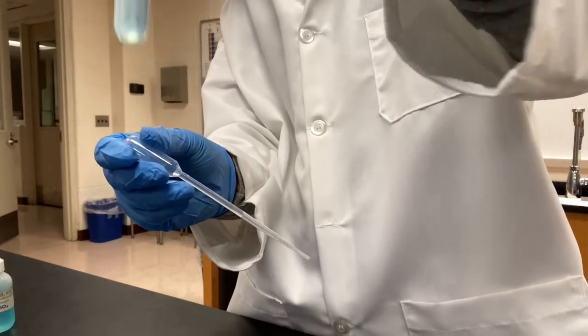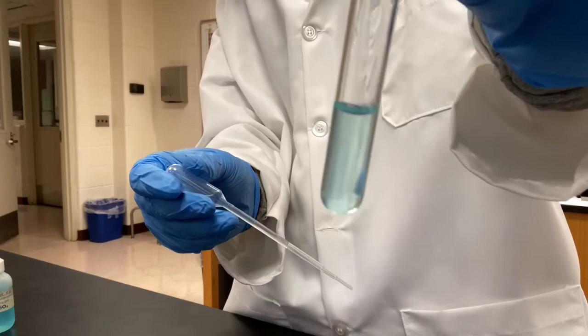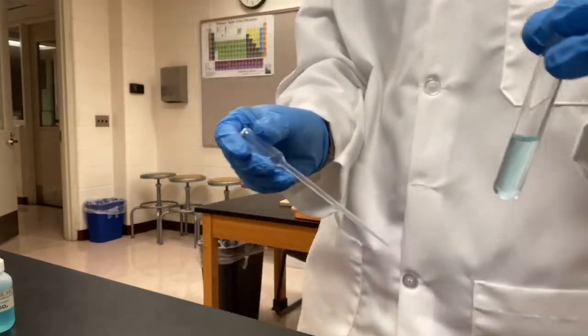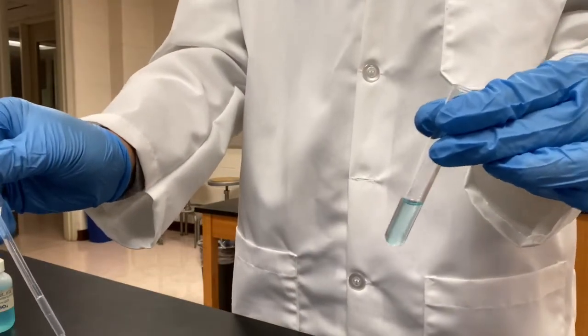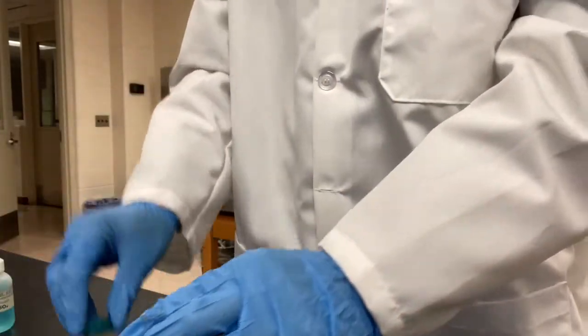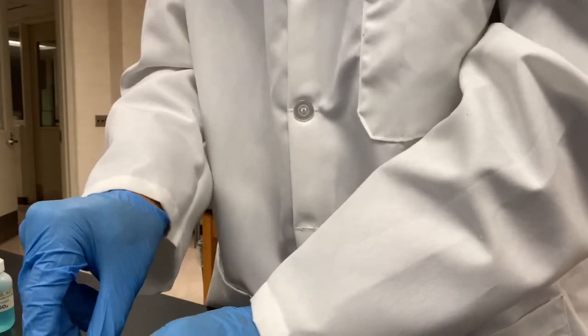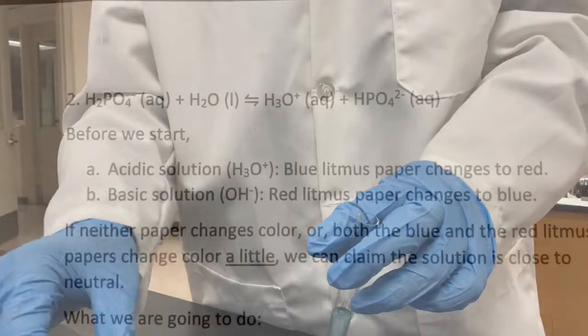Okay. It goes right back to the original color. Clear. 14 drops. 14 drops of ammonia at the beginning. Now we added 14 drops of hydrochloric acid. You record this on your report sheet and answer the question about the equilibrium.